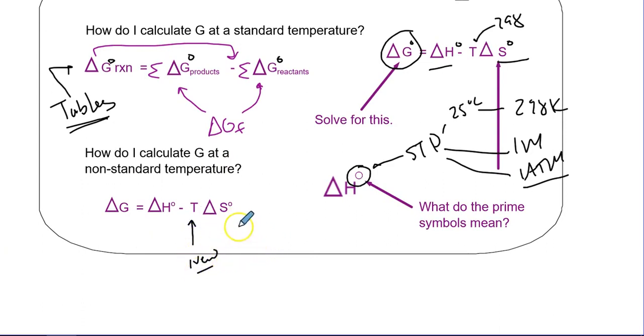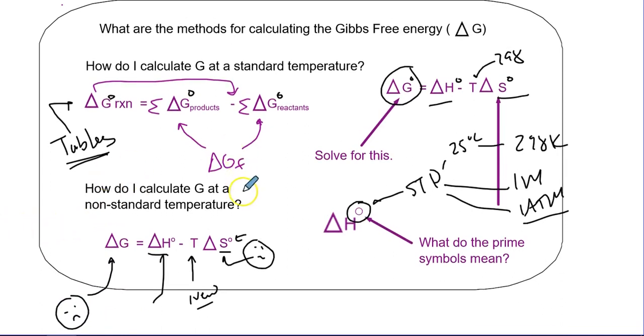We don't always have information about delta S and delta H at non-standard temperatures, so we typically just use the standard values. This is not necessarily the best, but we go with it. But we should understand that if we use the entropy and the delta H at the standard temperature and then alter this temperature, this is going to be somewhat flawed, and we should be aware that that is an issue. Other than that, that's basically an overview of the calculations you should expect to be seeing.